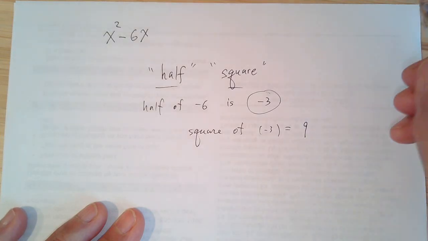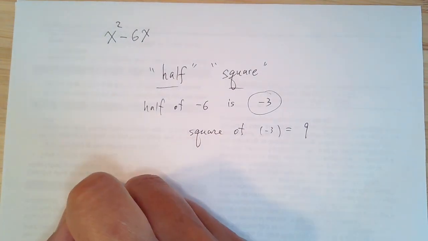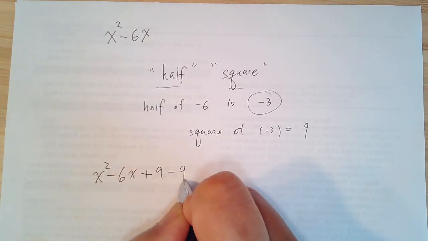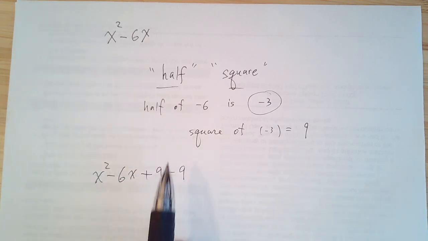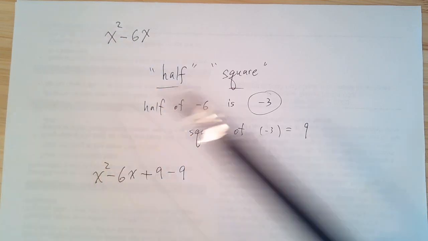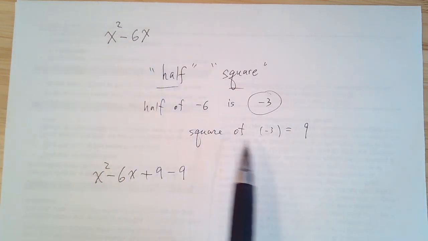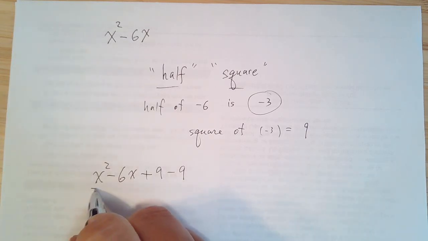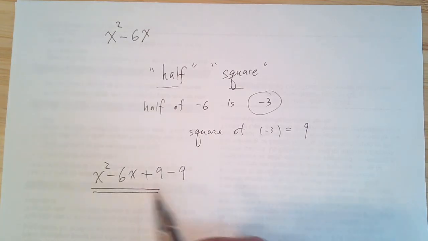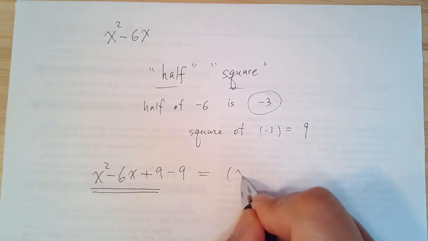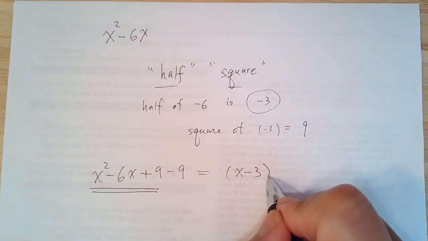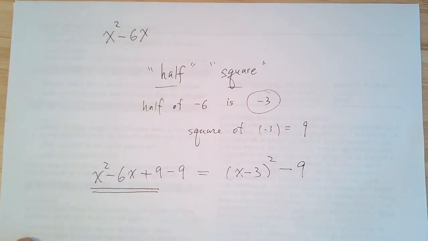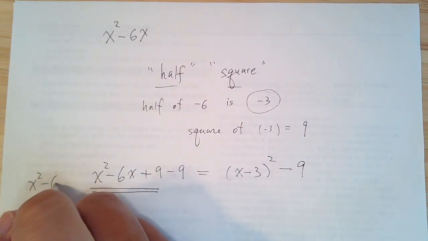So what you need to do when you complete the square is this: x squared minus 6x plus 9 minus 9. Where is this 9 coming from? You half this coefficient, square it. Half of that is negative 3, squared is 9. So that's why you plus 9 minus 9. The good thing is the first three terms are a complete square, and that equals (x minus 3), whatever the half is, squared, and then keep writing the negative 9.